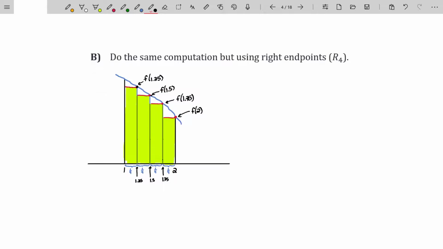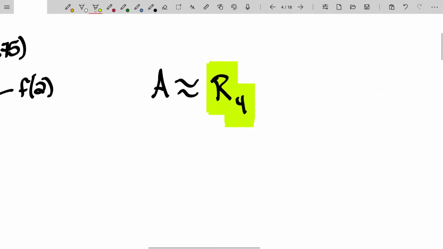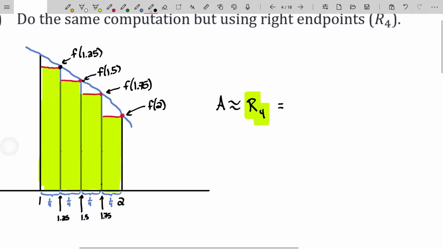So the area is approximately right endpoints using 4 slices. That's what this means. The 4 means the number of slices, and the R means you're using right endpoints. It is kind of critical that you let people know what you're doing. And here, the right endpoints using 4, well, notice each of these widths have a quarter in common.